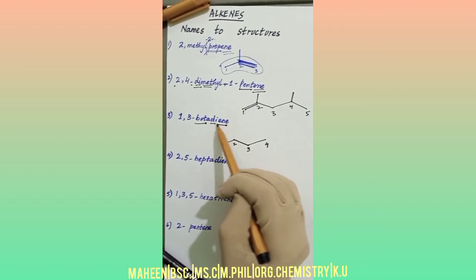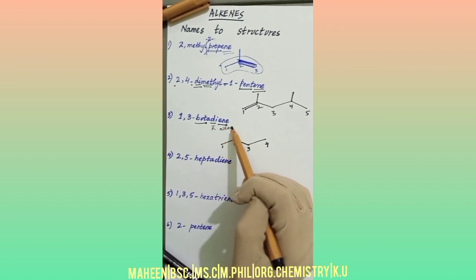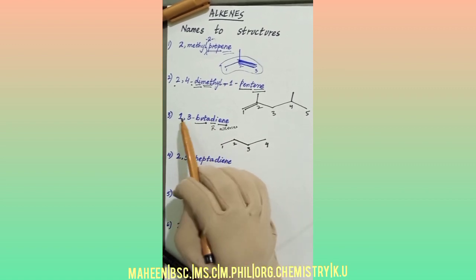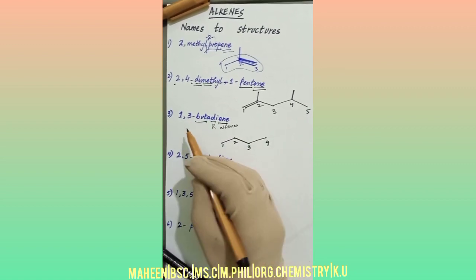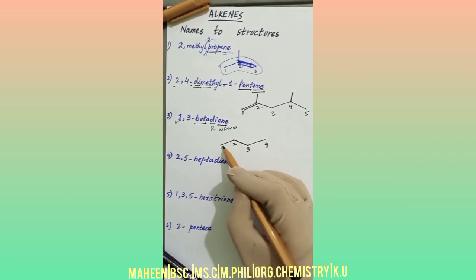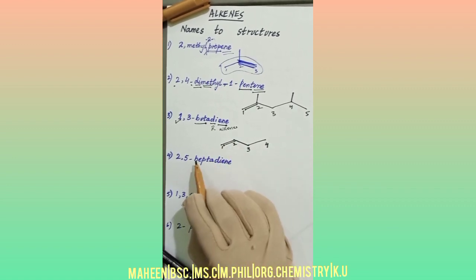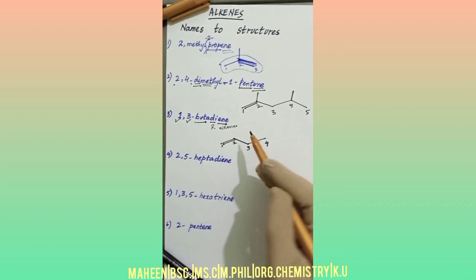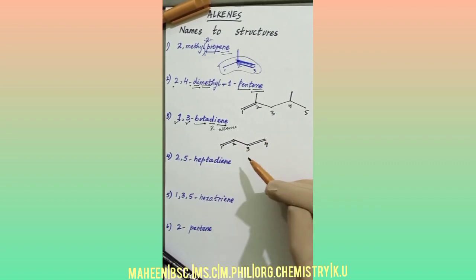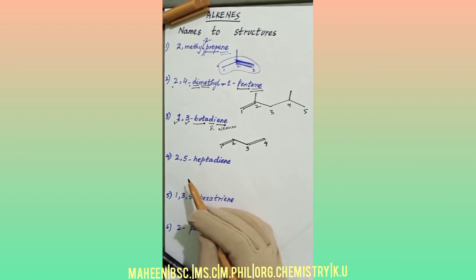Diene, it means 2 alkenes. Okay, at which position? There must be 2 positions, 1 and 3. It means for this one we will write an alkene between 1 and 2. Okay, and for this position we will write an alkene between 3 and 4. You must take care of it, the positions in case of alkenes.